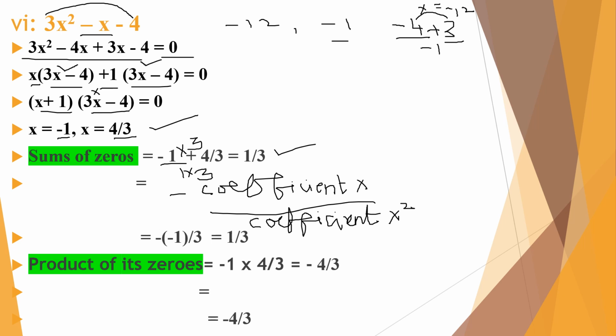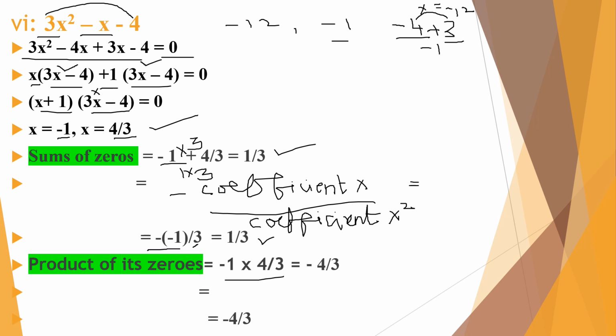So here minus coefficient of x, which is equal to minus of minus 1, divided by coefficient of x square, which is 3. So whether we have got both the terms as 1 by 3, yes, the sum of its zeros is verified.